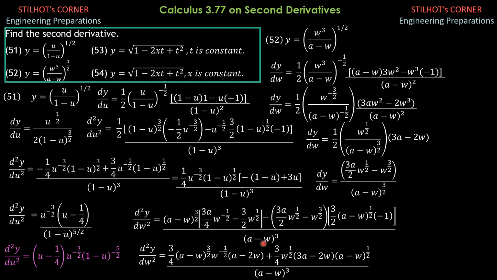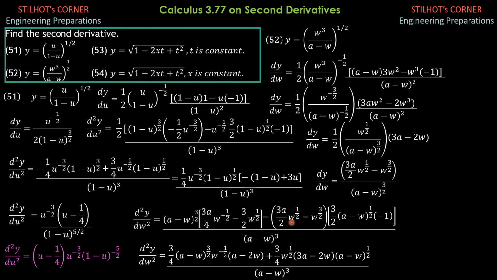So if you distribute, that's 3/2 negative of (a minus w) to the 3/2, then w to the 1/2, because we have negative w to the negative 1/2 times w. So that's correct for this term after we expand.